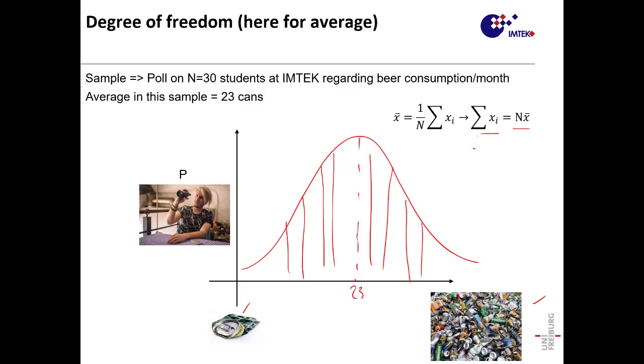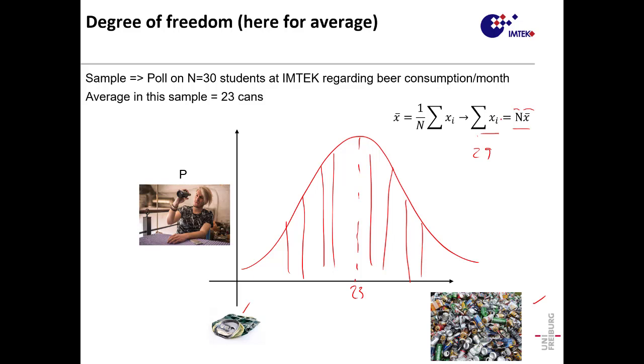Now when you get to the last student, then there is only one option for that person, because n times the average has to become the number that is here, okay? So the last student is not free to be any kind of consumption if you want to follow this formula. And this is the degree of freedom that you lose when you estimate the average of this distribution.